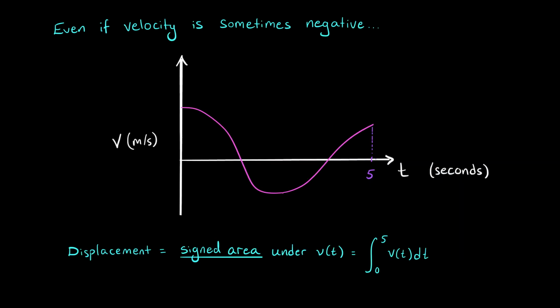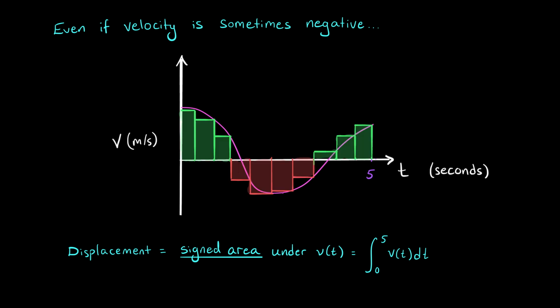I'll just briefly mention that this process works even for velocity curves that are negative for a period of time. A negative velocity just means that our car is moving in reverse, so we're actually losing a bit of our total displacement over this chunk. Still, you can calculate the total displacement in the same way as before, by summing up and taking a limit of those rectangular areas.